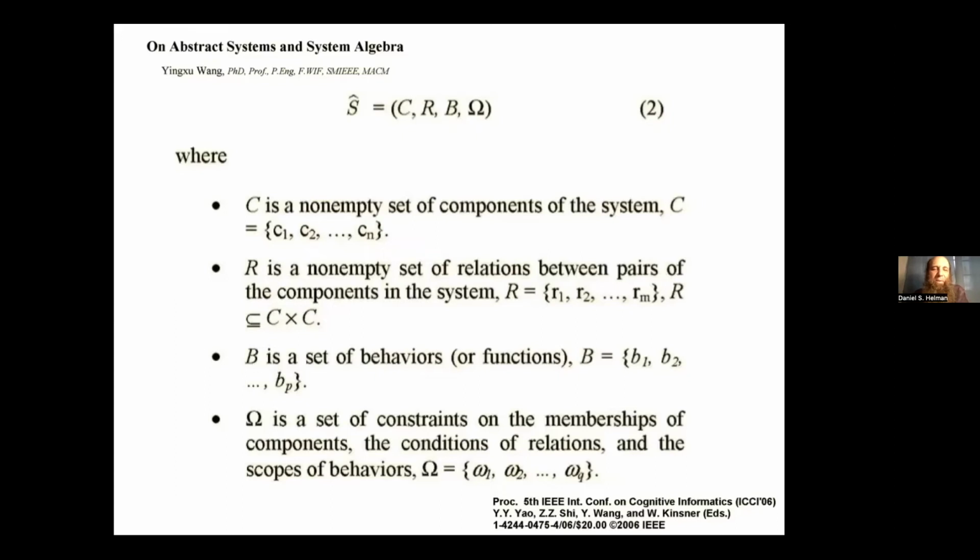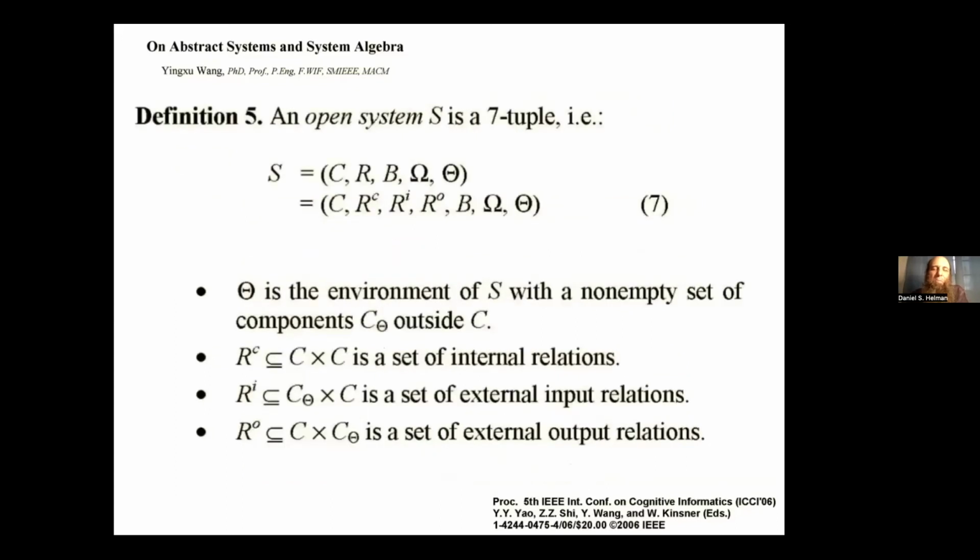Next slide, please. For an open system, it's changed a little bit. You still have components, relations between the components, but the relations can be split between internal relations, external input relations, and external output relations.